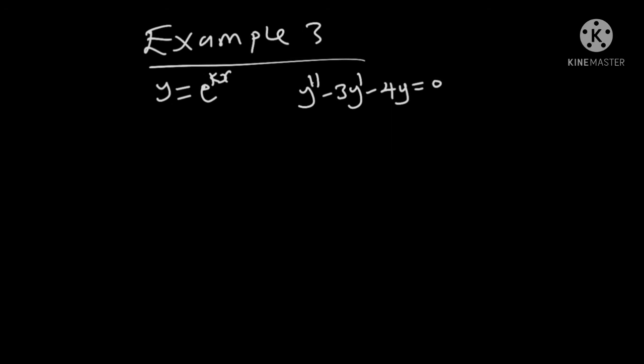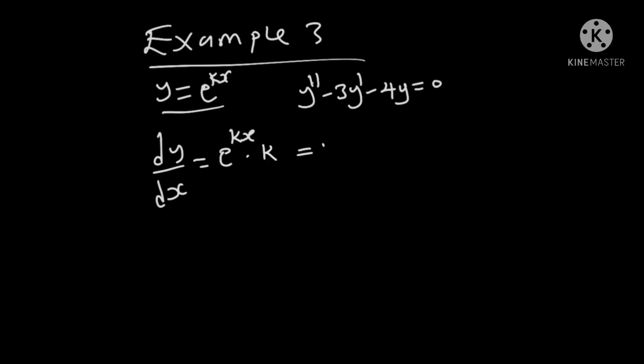Now, we need to get the first and second derivatives from this solution. dy over dx will give us e^(kx) times the derivative of kx, which gives us k.